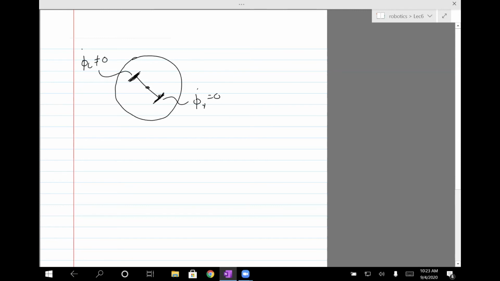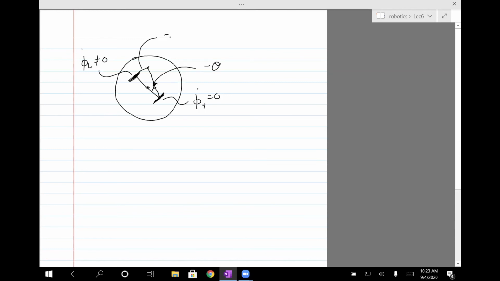Then you'll have the chassis sort of pivoting about the right wheel, and then you will have an angle of now minus theta because the chassis is going to turn clockwise. So you can write this two ways.